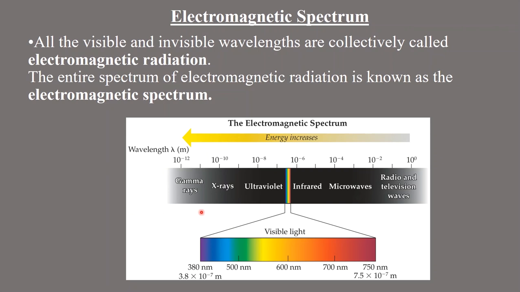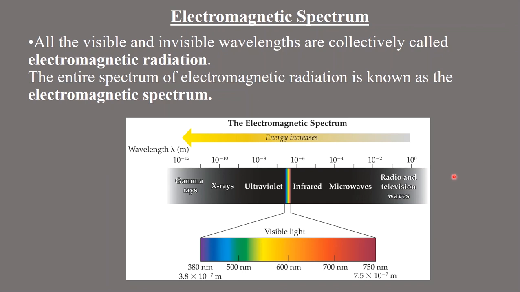Even though we cannot see any radiation outside the visible range, it can affect us because all electromagnetic radiation has energy, and the amount of energy depends on the wavelength of the radiation.